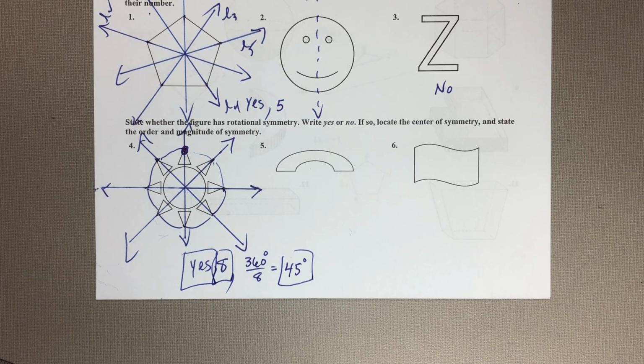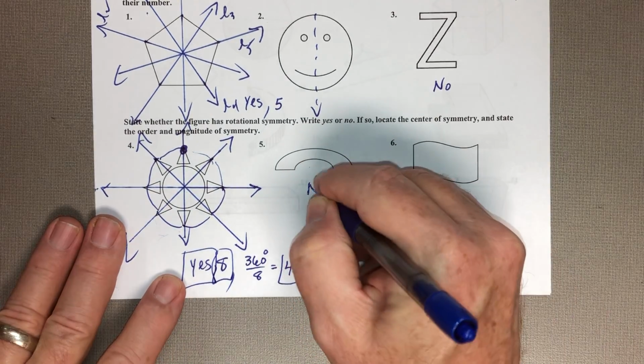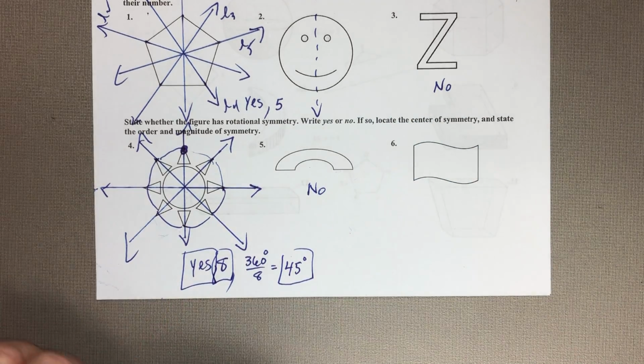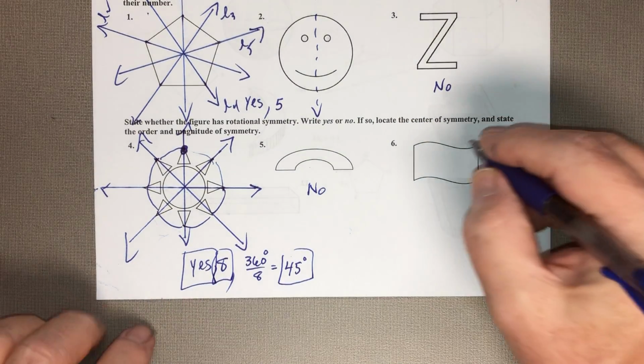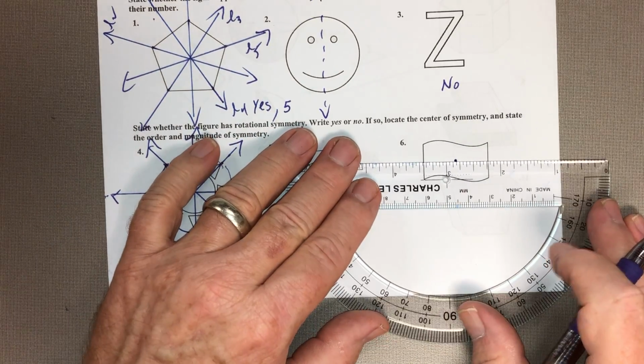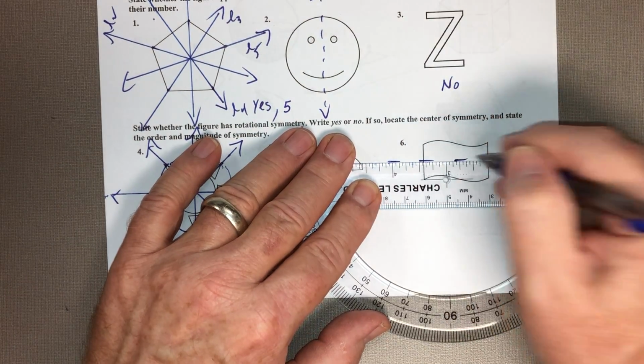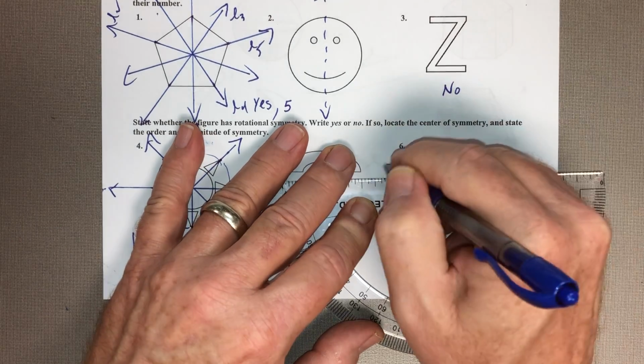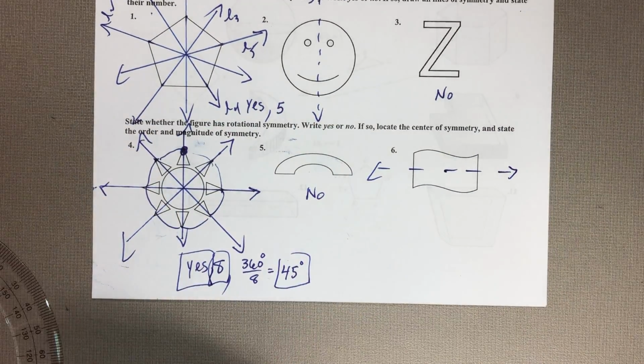And the next one does not have any rotational symmetry. So the answer here would be none. The next one does have rotational symmetry, because if you were to put this line right here in there, that figure could rotate about that one time.